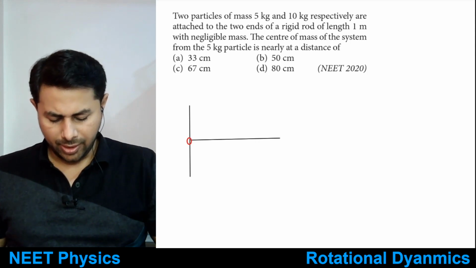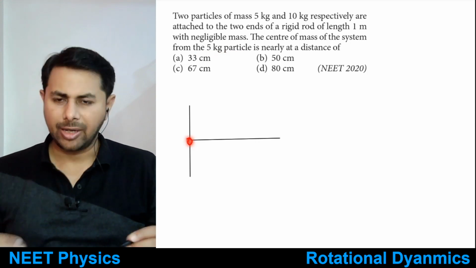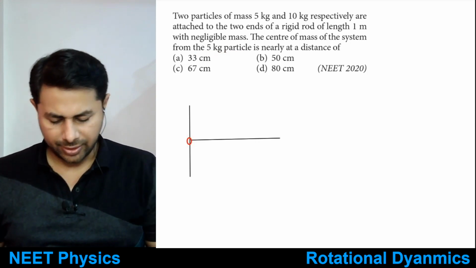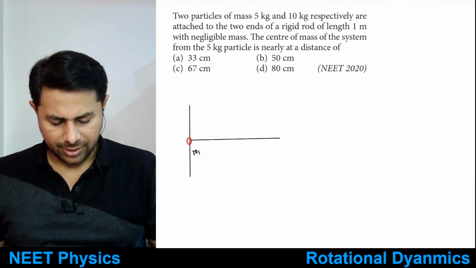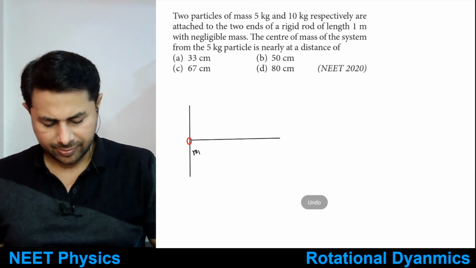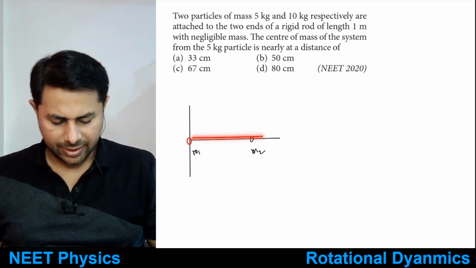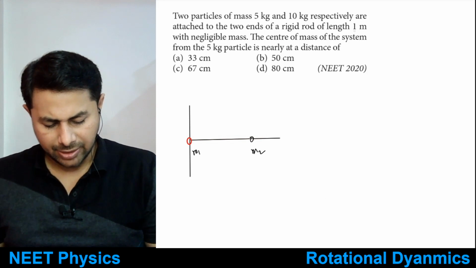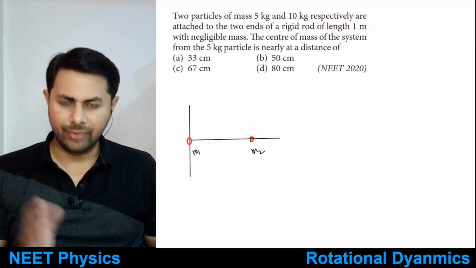See, you want the center of mass from the 5 kg particle, so you will keep the 5 kg particle at the origin. So this is the 5 kg particle. Let's say M1 is at the origin and M2 is at some distance from M1. This is M2, at the other end of the rod. The length of the rod is 1 meter, so M2 is at 1 meter.